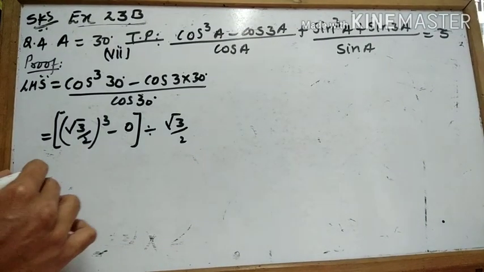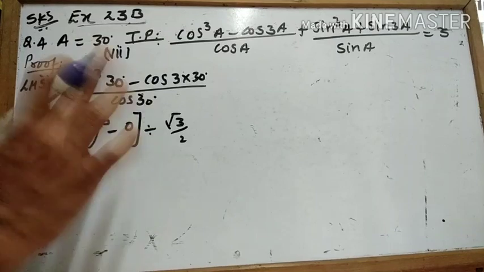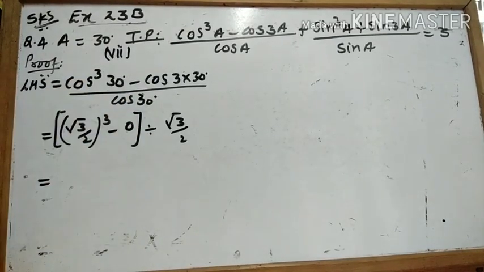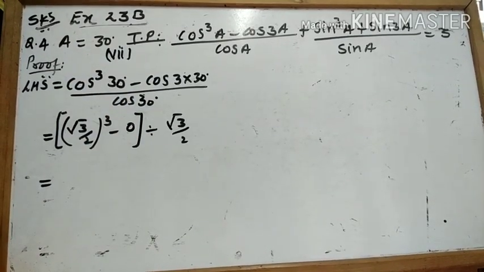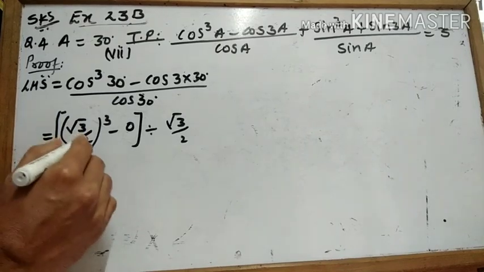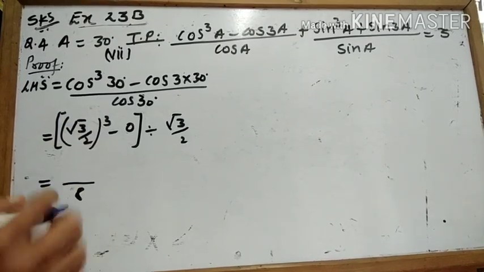Now, this 0 is a boon for us. No need to do much calculation. 2 cube is 8, so the denominator is 8.